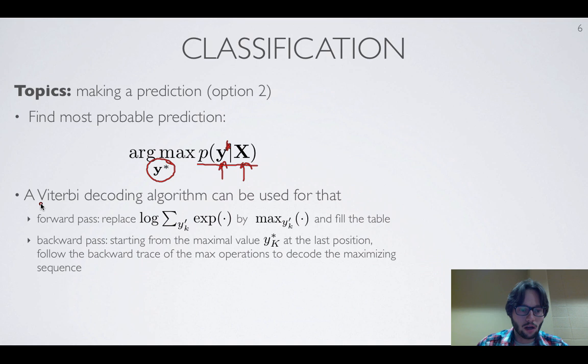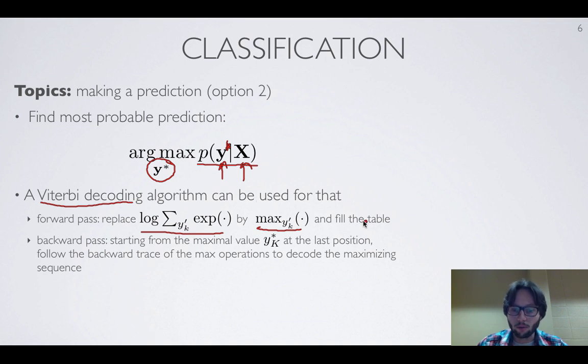What we get is essentially a variant of the Viterbi decoding algorithm, where in the forward pass, much like in the alpha dynamic programming, where for the log alpha we had log sum exp operations, in this Viterbi decoding algorithm we replace those by the maximization with respect to y prime k instead.